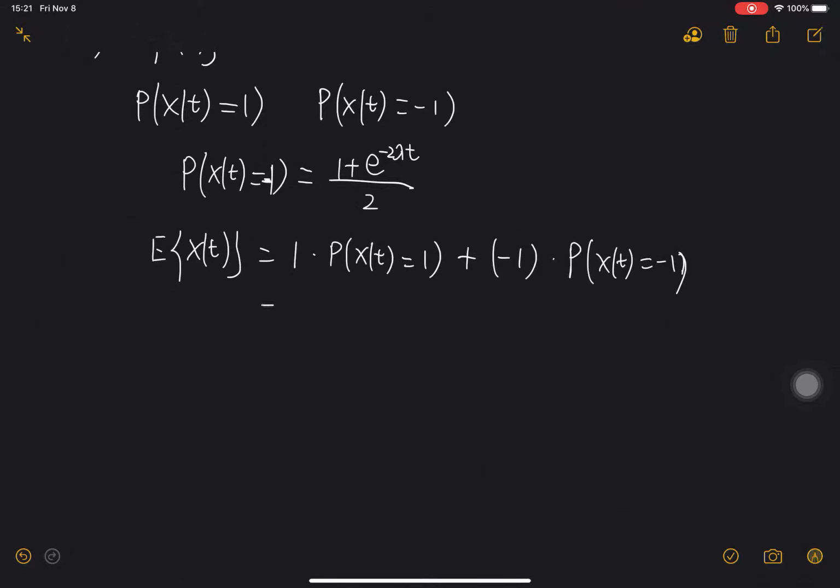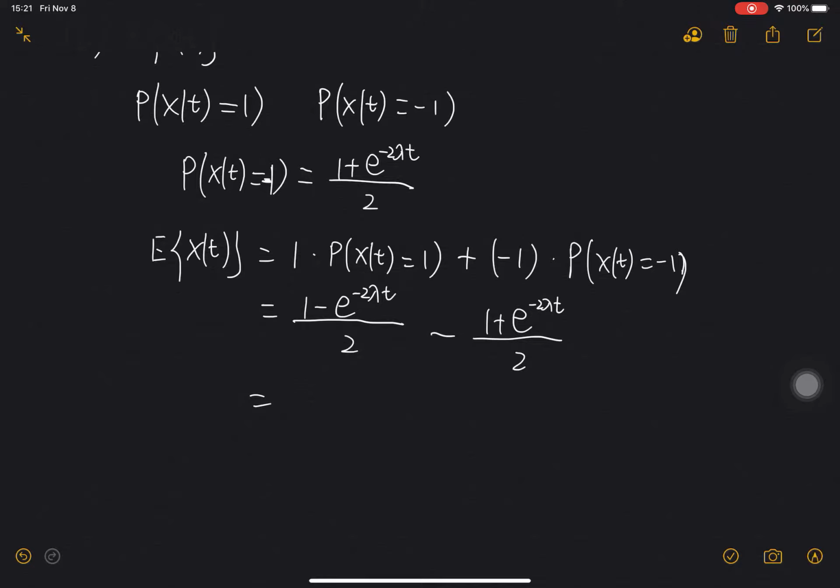It's easy. It's (1 minus e to the minus 2 lambda t) over 2 minus (1 plus e to the minus 2 lambda t) over 2.